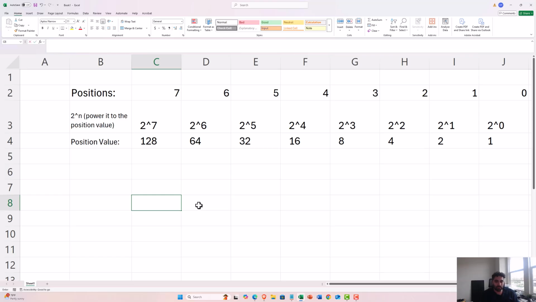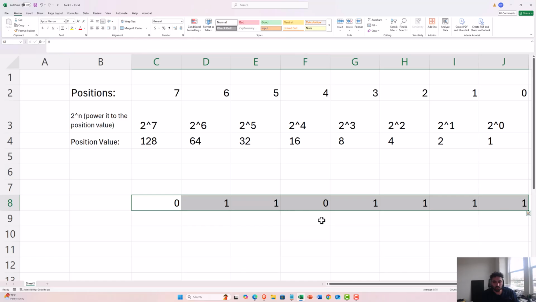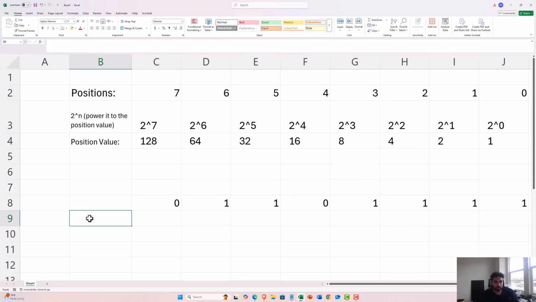So let's say we have this number. We have 8 bits of zeros and ones. What would this number equal in decimal? Decimal, all right.